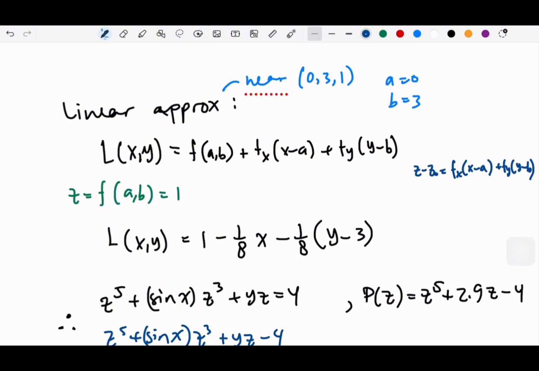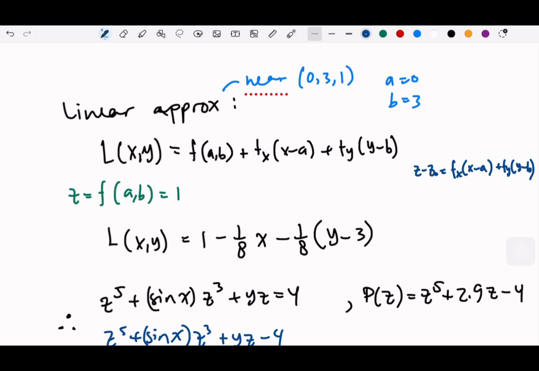So we are going to take z as the L, the one that we want to find, and then f(a,b) is actually when we input 0 and 3 to our function, that will be the value. And then plus the partial x, and then x minus a, we can take a equals 0, and y minus b, b equals 3. So we can input all together.